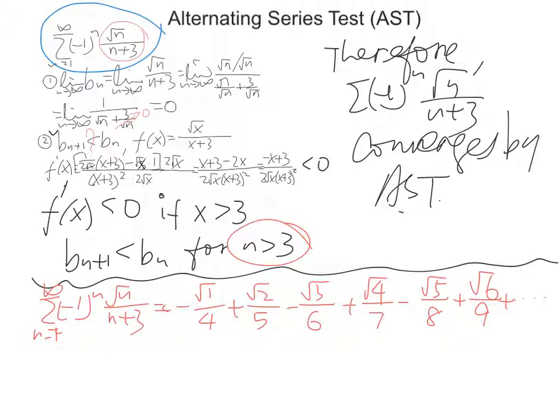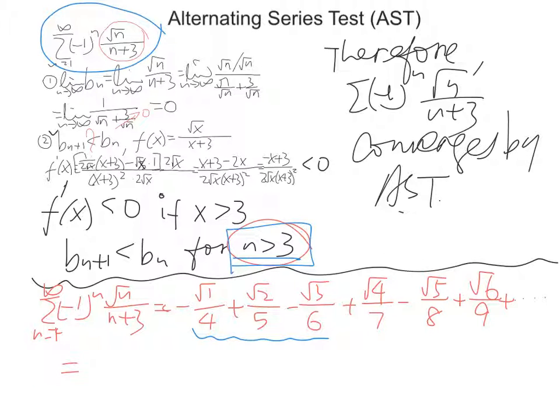Remember the condition we put on the alternating series to be convergent, for n greater than or equal to 3. It means after we pass these first 3 terms, I should have decreasing terms in the infinite series. So you just work out the first few terms to verify our theory.